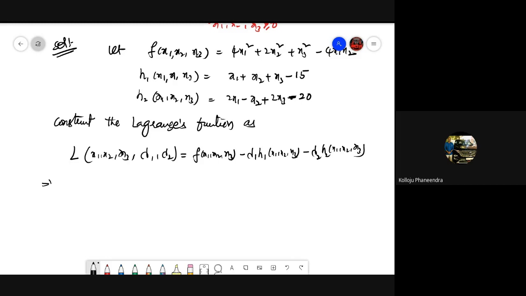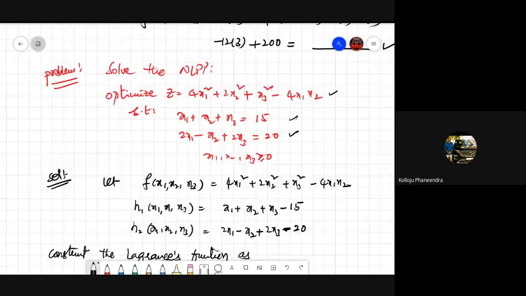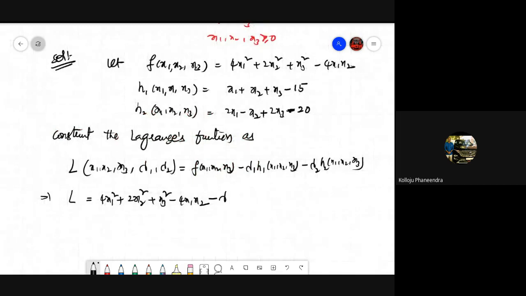Now let me substitute. L is directly 4x1 square plus 2x2 square plus x3 square minus 4x1 x2, minus lambda 1 into x1 plus x2 plus x3 minus 15, minus lambda 2 into 2x1 minus x2 plus 2x3 minus 20. Now this is the Lagrange's function.